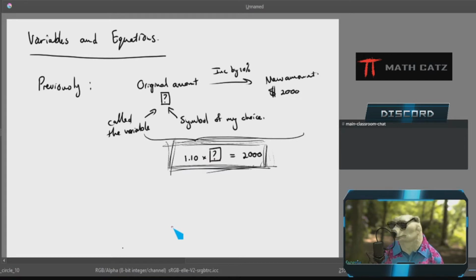Now, we've already seen how we can rewrite these equations, these mathematical sentences, so that they are more helpful to us. Like in this case, I have a multiplication sentence. The fact that these are symbols and more complicated numbers doesn't change what it is, and I can rewrite that to an equivalent division sentence.